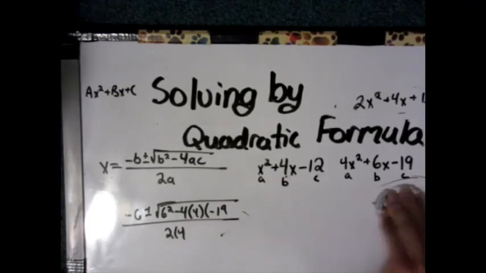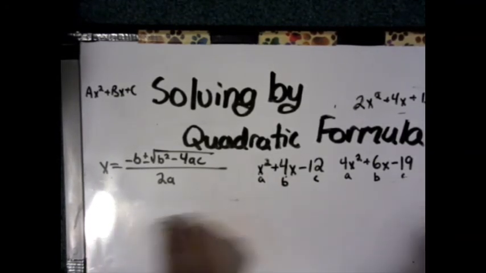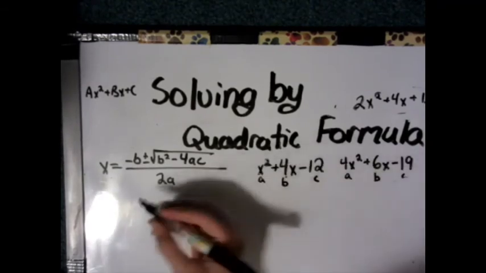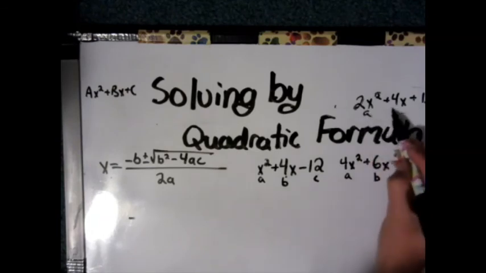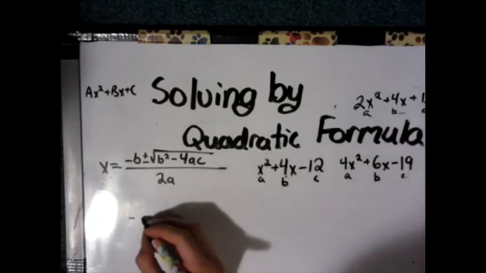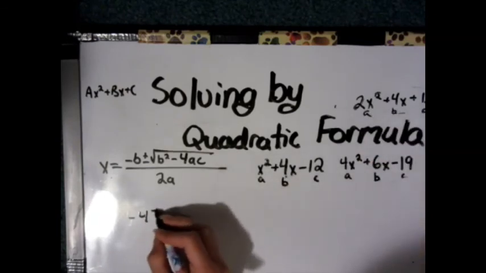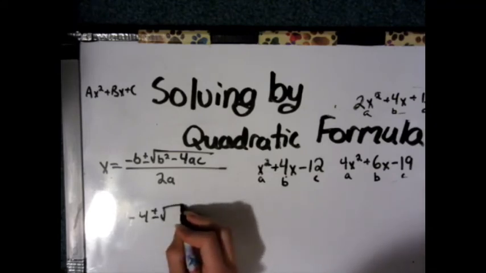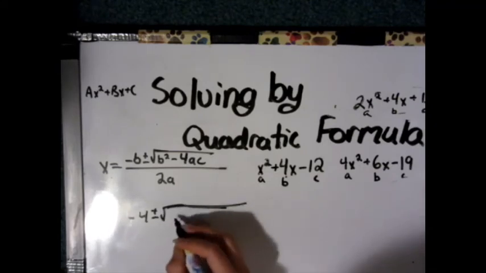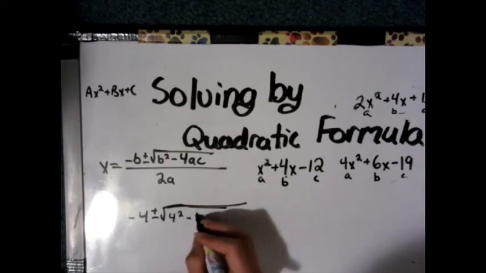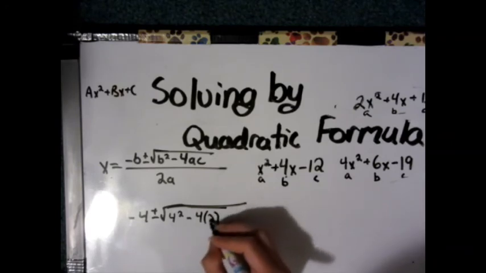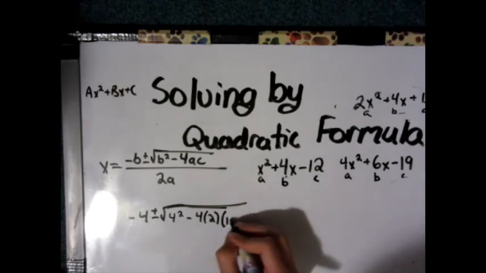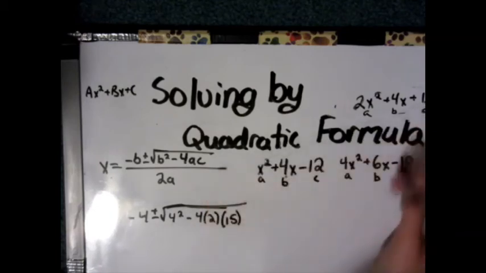Okay. And then for our very last one, we can label it again if we would like. So negative 4 plus or minus the square root of 4 squared minus 4a, which is 2 here, and 15, which is c.